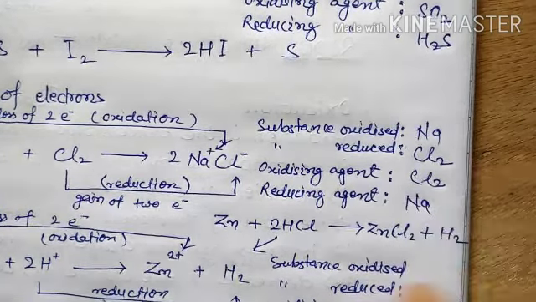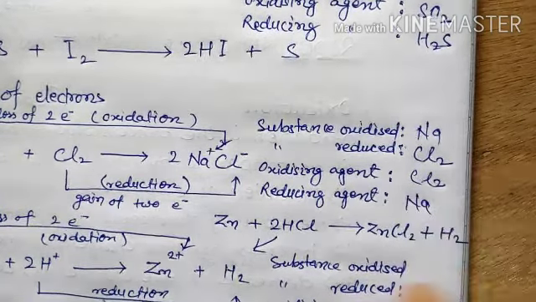Thus zinc acts as reducing agent and hydrogen as oxidizing agent. Students, an oxidizing agent itself undergoes reduction, whereas a reducing agent undergoes oxidation in these reactions.